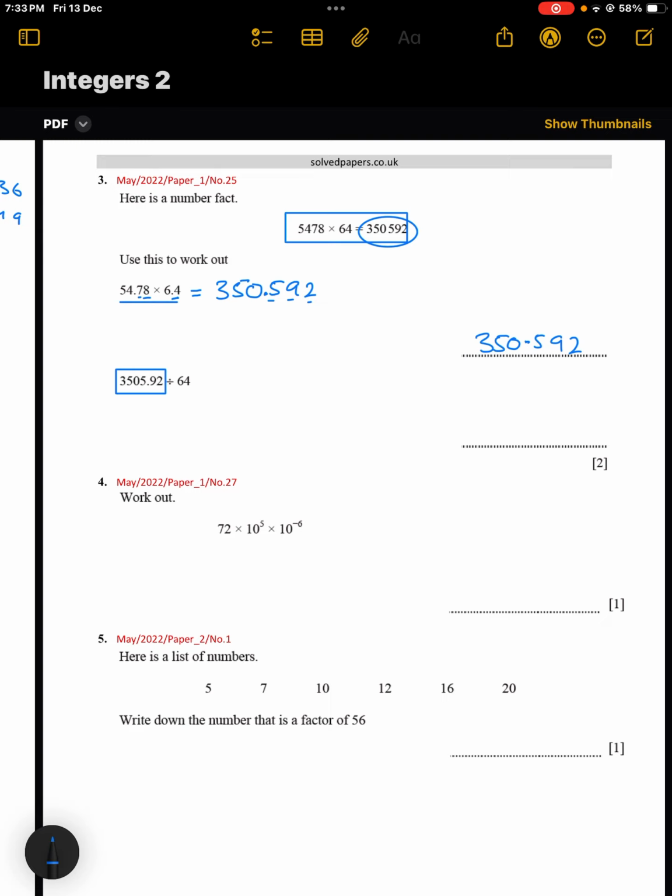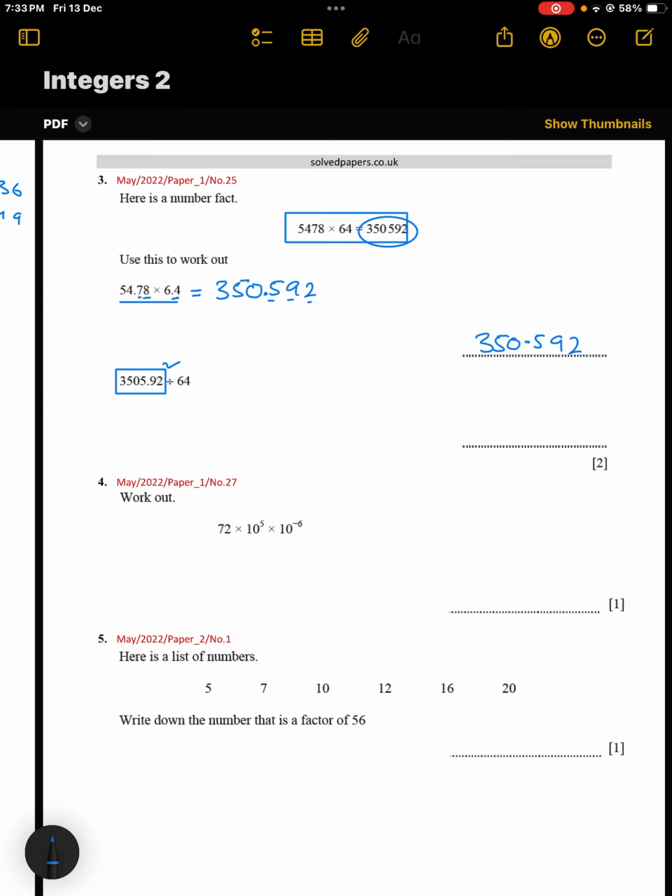What we have to do, we will just get the answer by comparing this question with the above one. Let me compare this. 3505.92 divided by 64. Yes, will this be equal to? It will be equal to.